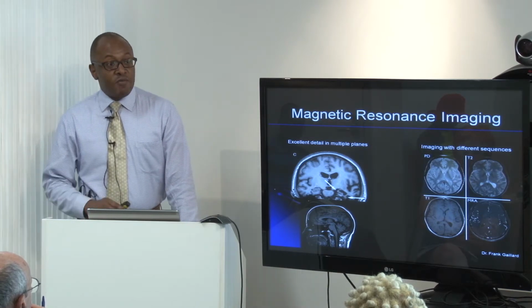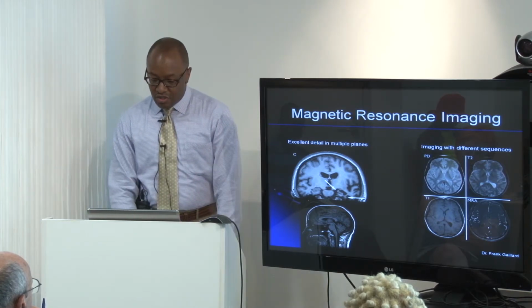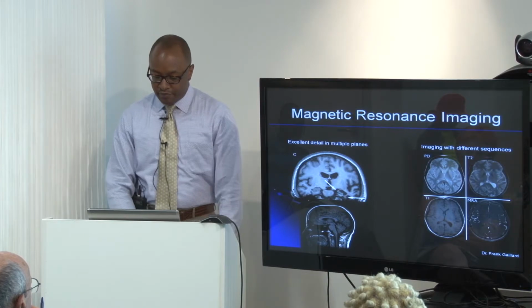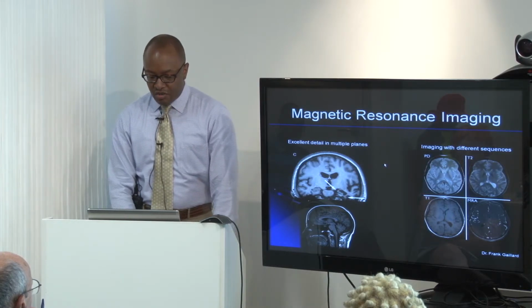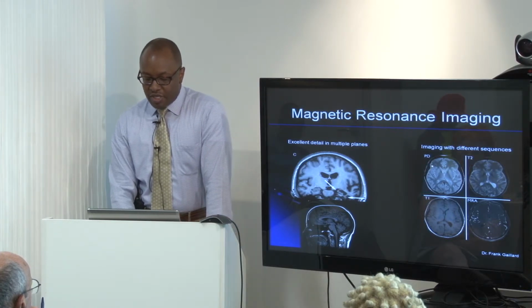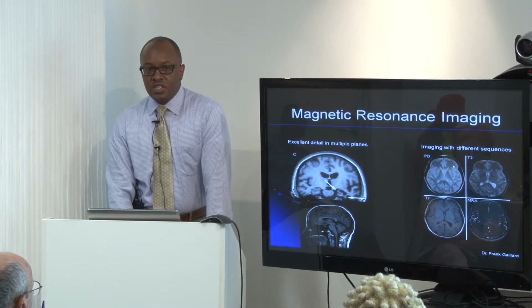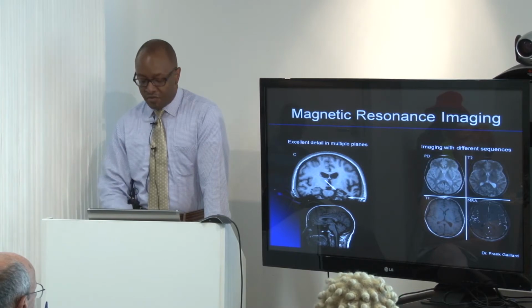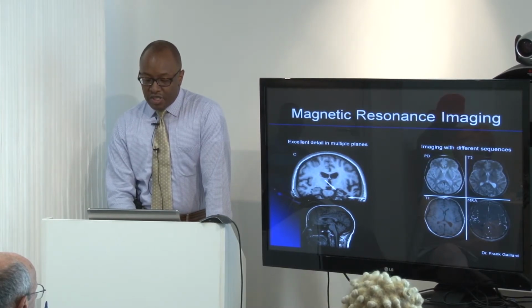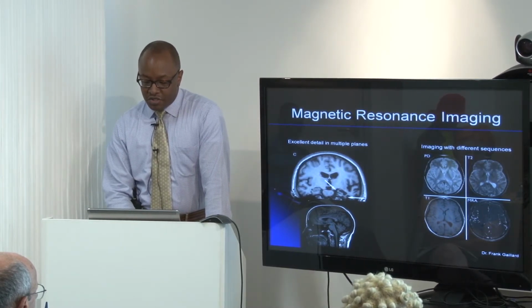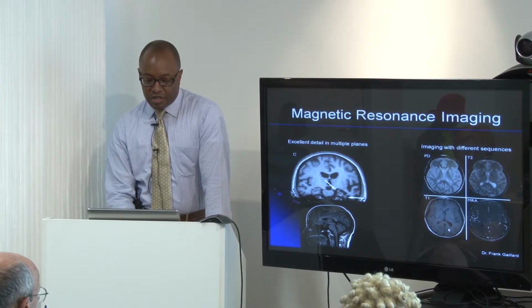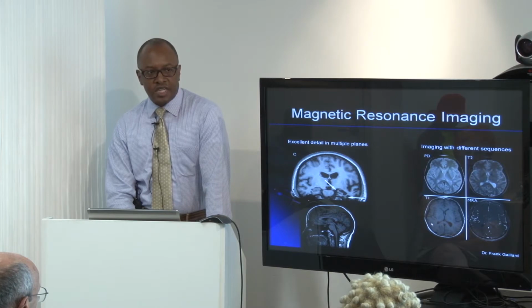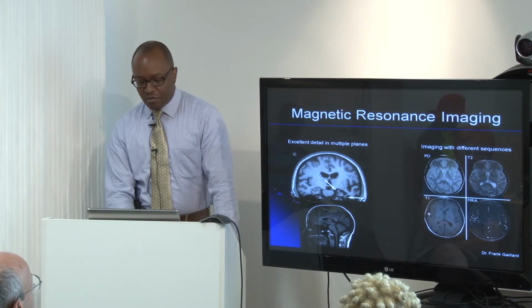Also, we can emphasize different tissues. So with MRI, in addition to the great structural information we get, we can change the type of pulse we're using, the timing of the pulse, and the timing of reading the energy so that we can see different features of the tissue. So for example, here we're doing what's called a T1, a mostly anatomical scan that looks a lot like the brain itself.